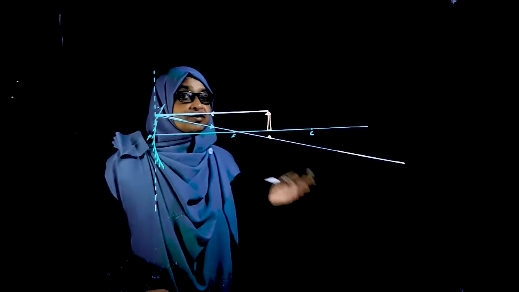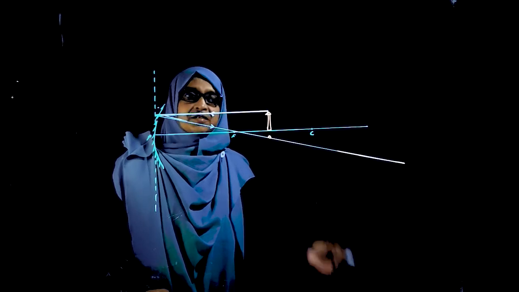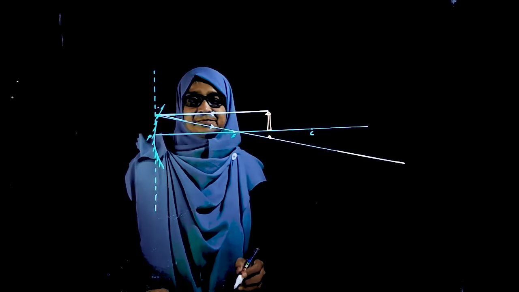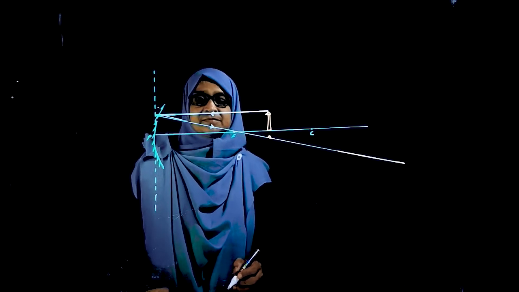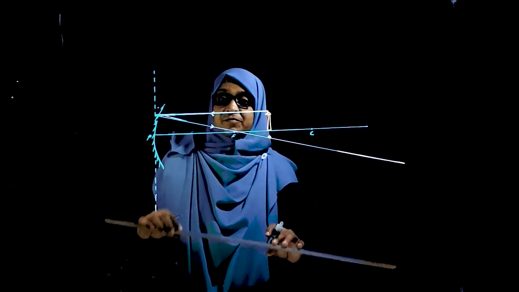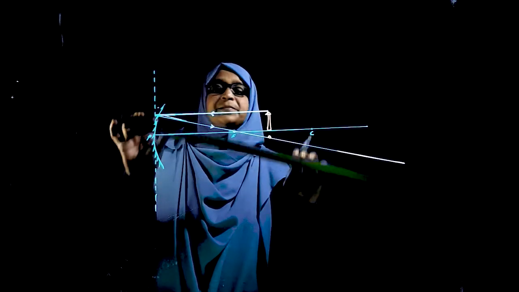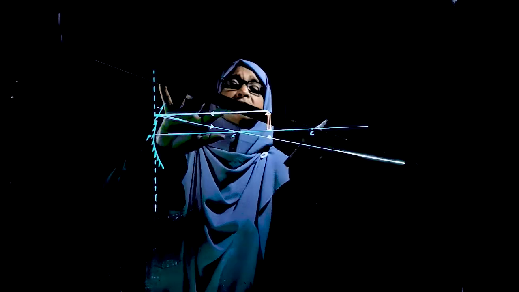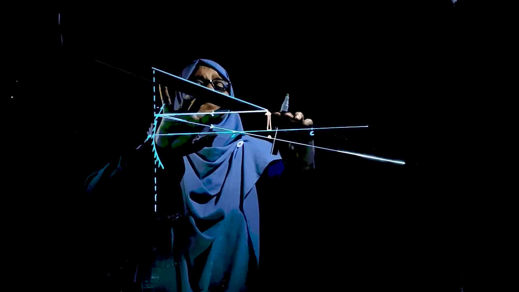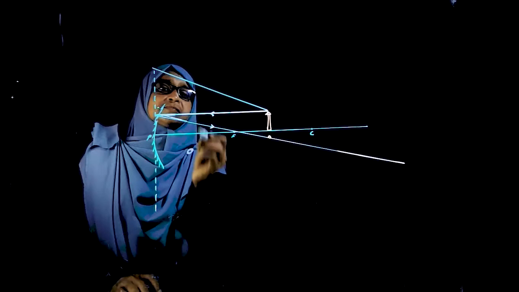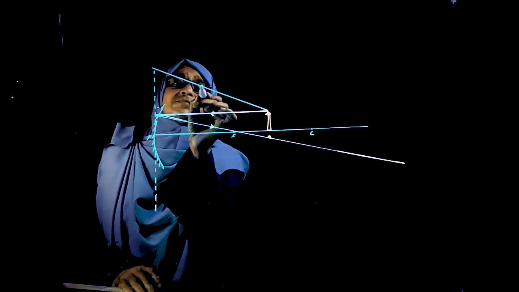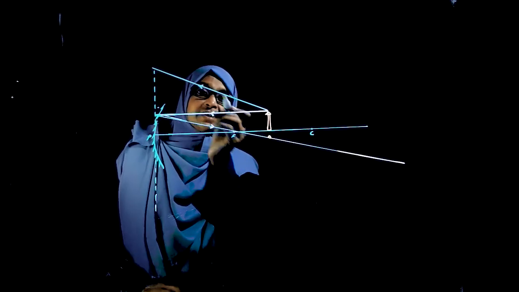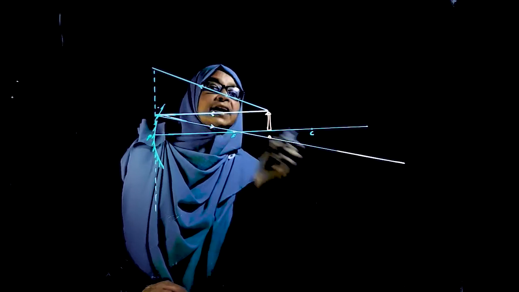Okay, now you draw the second ray from the same point, from the C. It reflects back the same path.